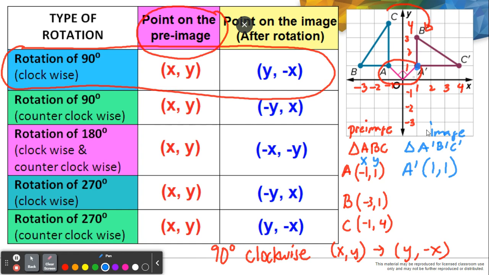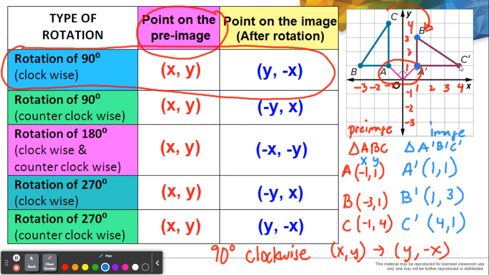For B prime, we follow y and then the opposite of x, so we copy y. Our y for B is 1, so that will be 1, and then the opposite of negative 3 is positive 3. Looking at our image, that is 1, 3 as well. For C prime, we have y again, so we copy 4, and the opposite of negative 1 is positive 1.